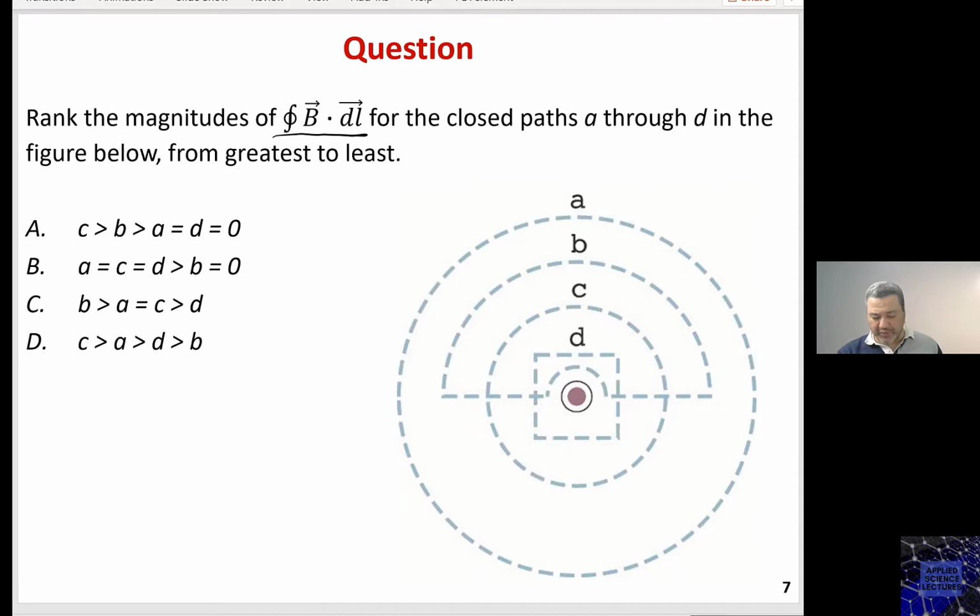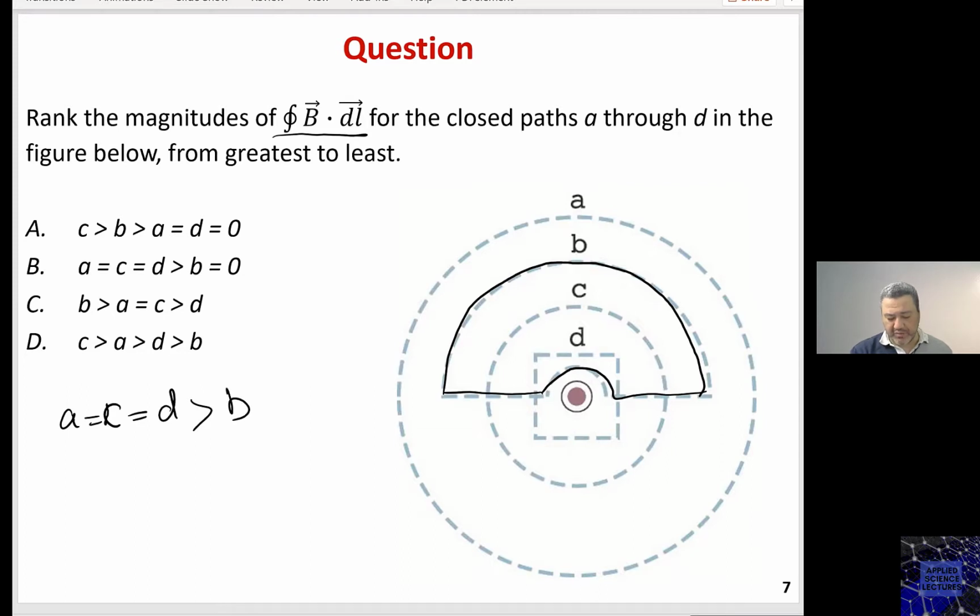Again, if we look at all those closed paths, they enclose the same current except for path B, which, as you can see, does not enclose any current. So B would be 0 and all the rest will be the same. So I have A equals C equals D, and all of them are greater than B, where B equals 0. So the answer to this is B.